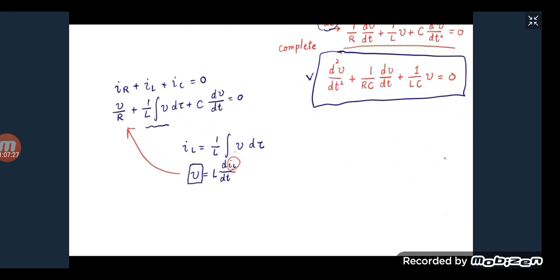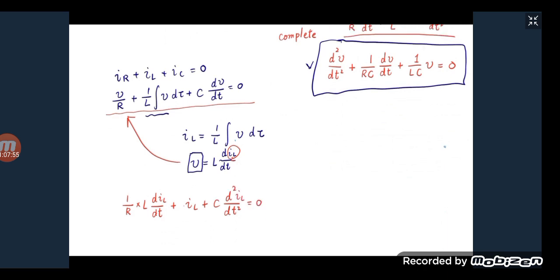I mean that we can insert V in this equation, and here we replace the variable V with IL.